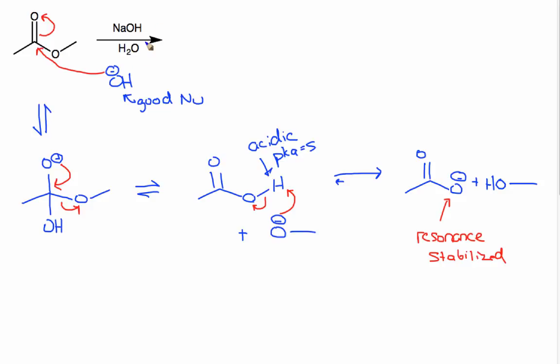Since I use sodium hydroxide as my base, I can have Na+ sort of hanging around with this as its countercation to have this carboxylate salt. Just for comparison purposes, the methanol is much less acidic with a pKa of about 16.